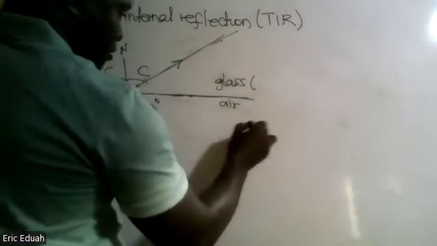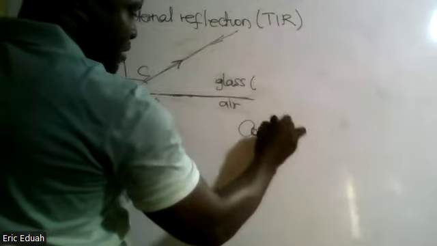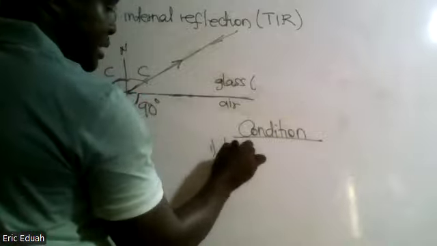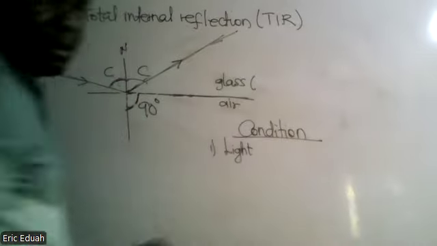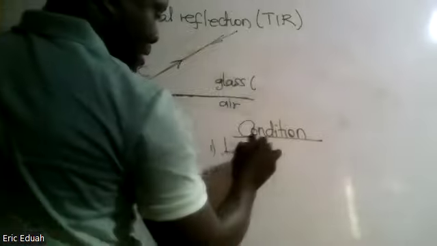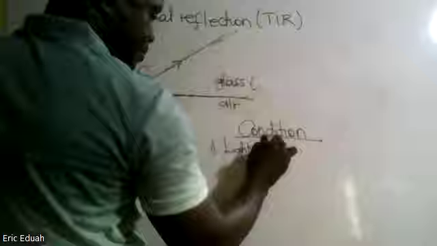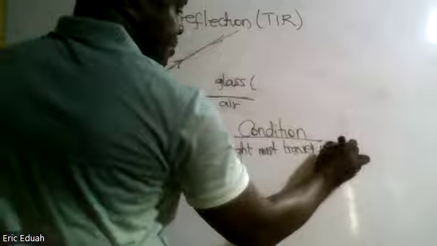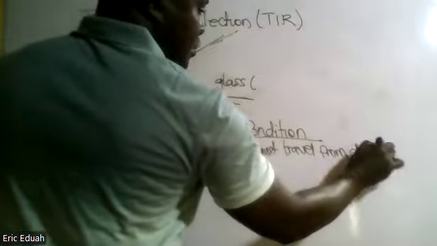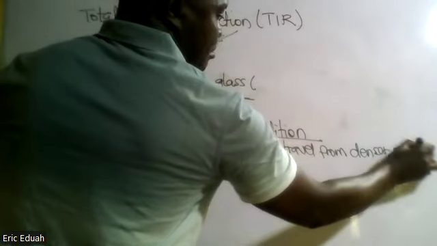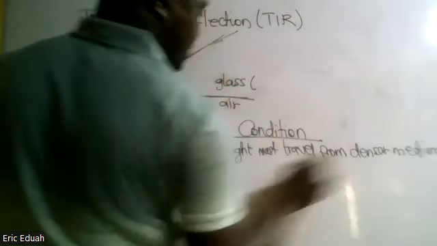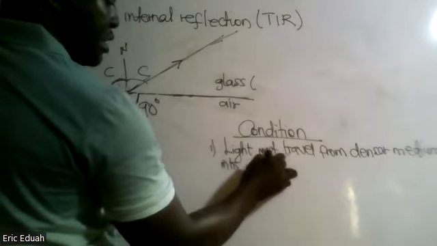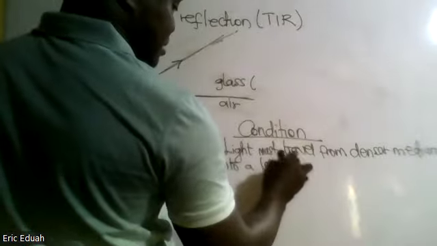One, for TIR to occur, light must travel from a denser medium into a less dense medium.